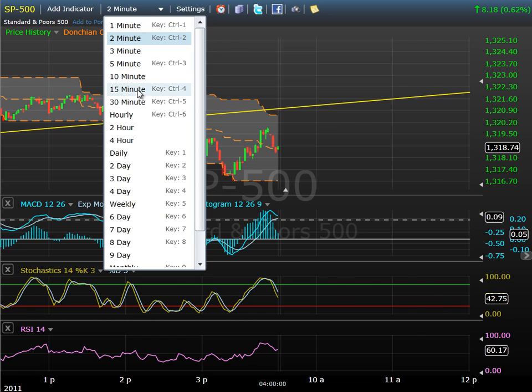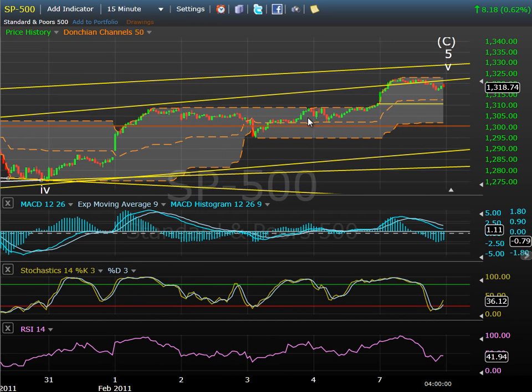Now let's jump back to that 15-minute chart again. I just want to show you the parallels between this whole correction, this 4th wave correction, and what we had here. This looks to be just one smaller degree than this correction right here, and that's exactly what it happens to be, as well as that rally is of one smaller degree than this rally.